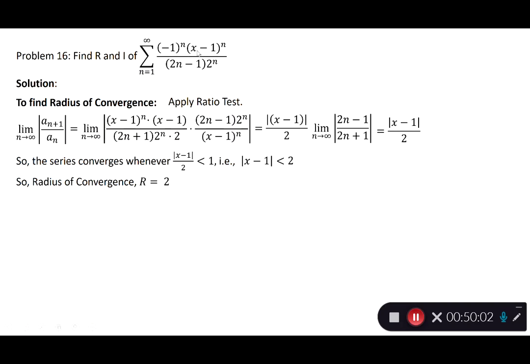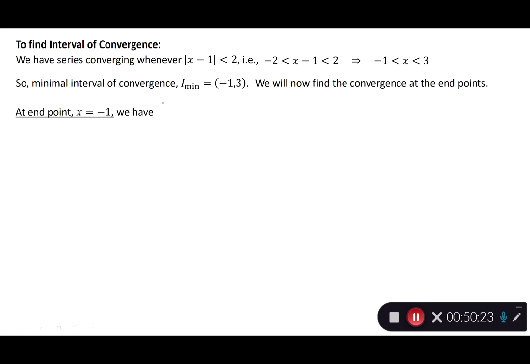What would this series become? -1 to the n, and x minus 1 is -1 minus 1, so that's -2. So this became -1 to the n times -2, the quantity to the n, over all of this, and the denominator is going to be the same. So that's what we were talking about here. Okay, -1 to the n.